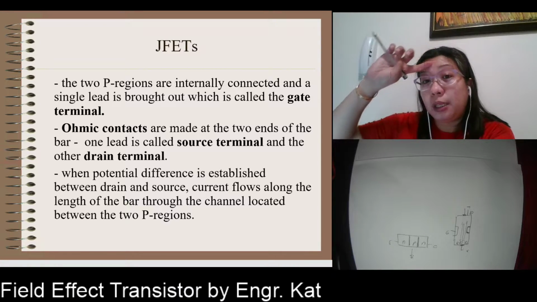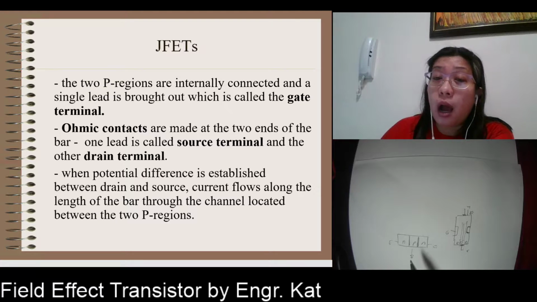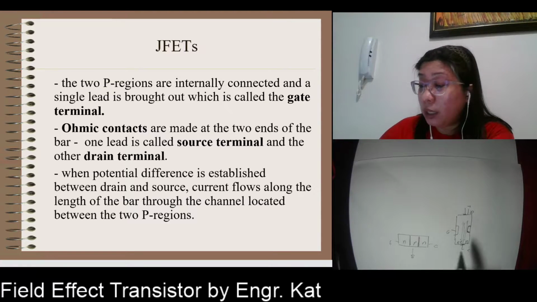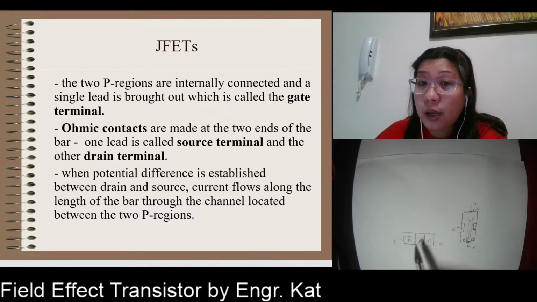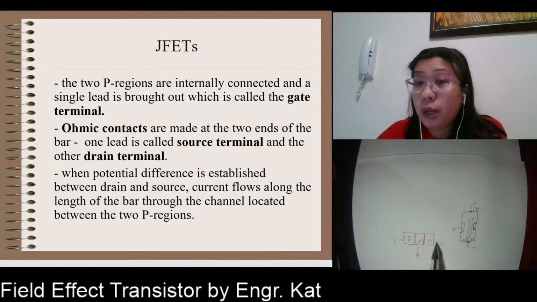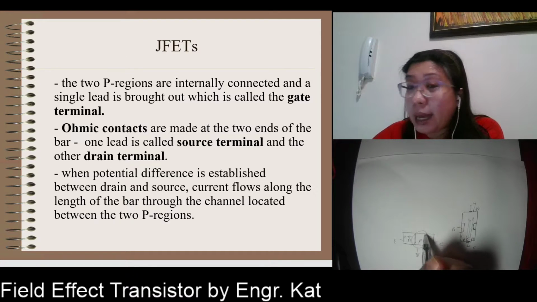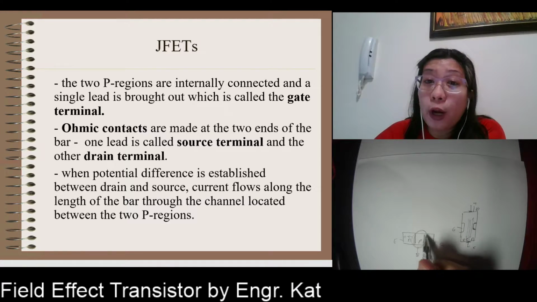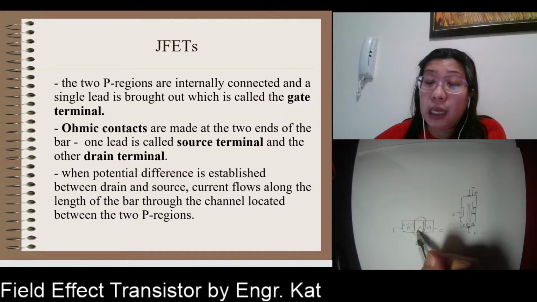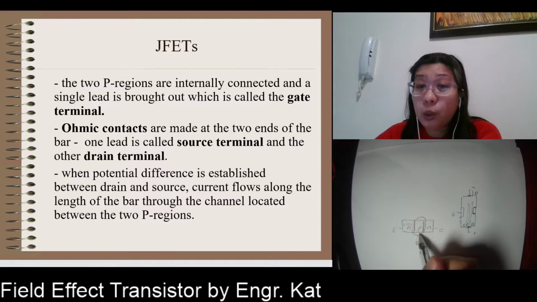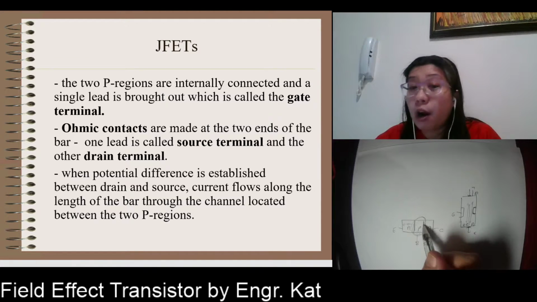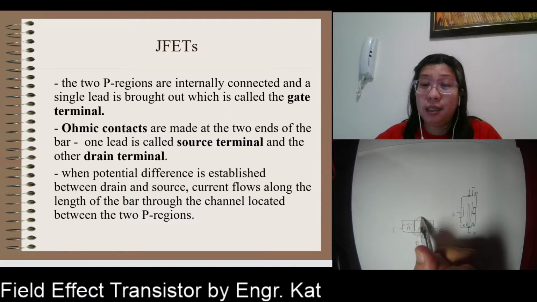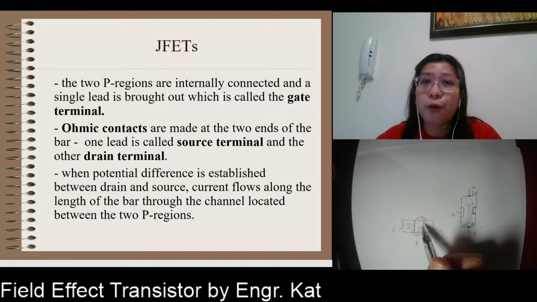Unlike BJTs, which are bipolar, because for the electrons to flow from the emitter going to the collector, they need to pass through the base. And what are the majority carriers at the base? We have holes here. Therefore, both the electrons and the holes are utilized in the proper operation of your BJT.